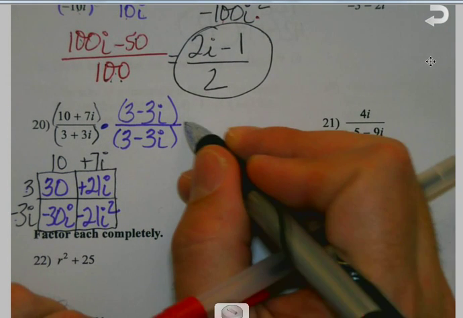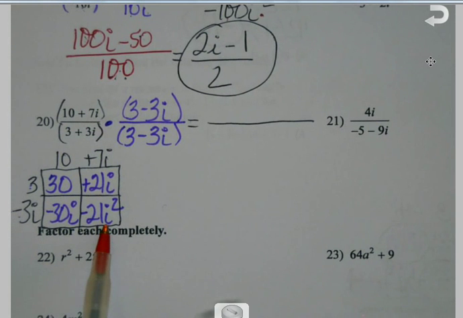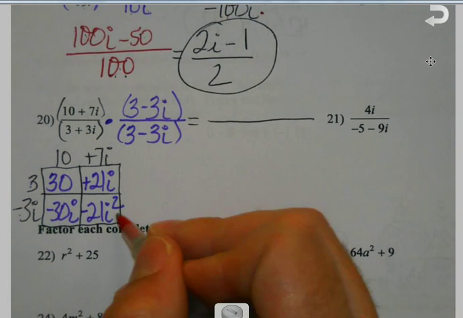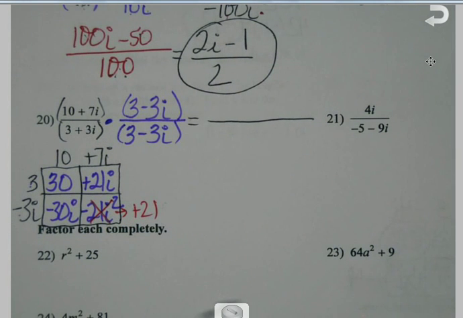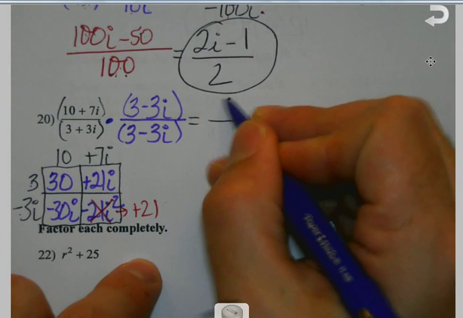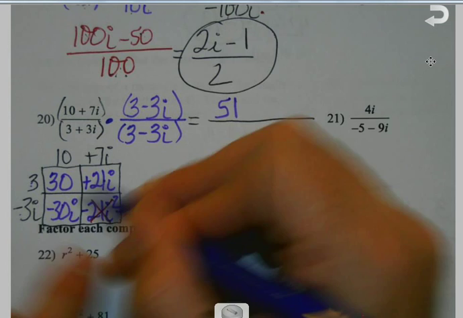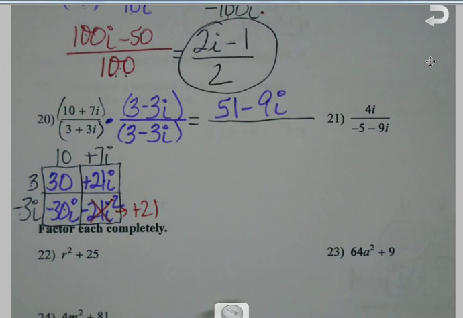And before I write this up here, I look, do I have i squareds? Ooh, I do. Okay, negative 21 times negative 1, positive 21. And now I can combine my like terms. 30 plus 21 is 51. 21i minus 30i is negative 9i.